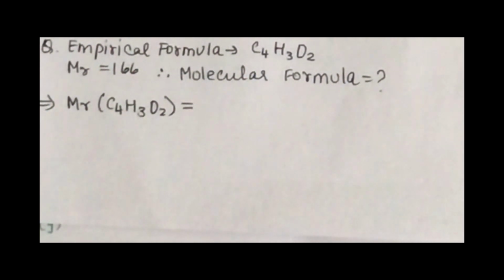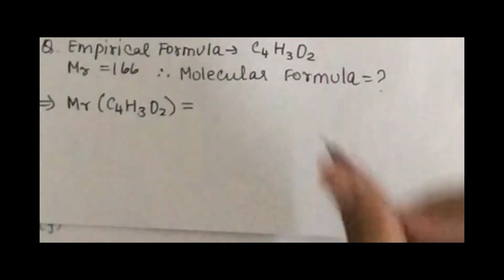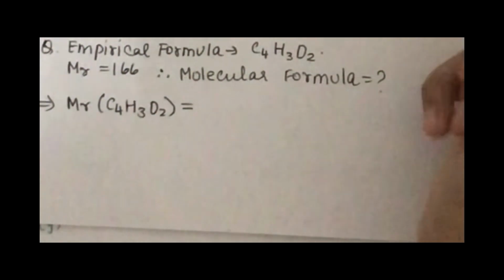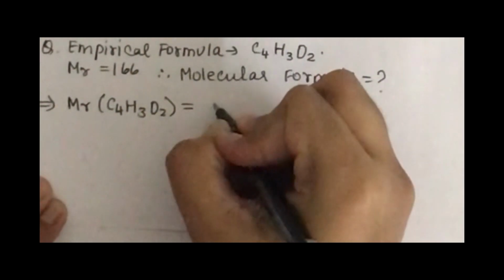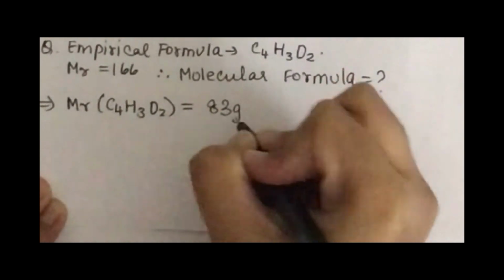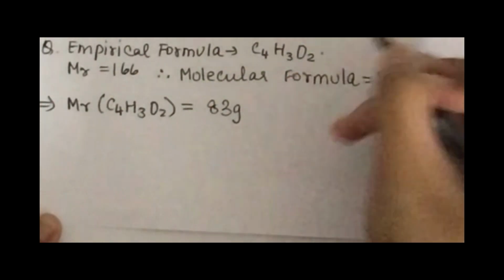So the first step would be to calculate the MR of the empirical formula they have given already. So we multiply 4 into 12 since AR of carbon is 12, plus 3 into 1 plus 16 into 2. And if we add that up, we'll get 83 grams. So that's the MR of this compound.